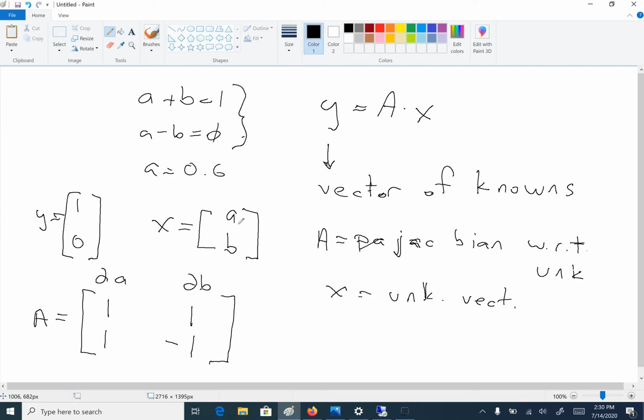So how would we solve this to find x? If y equals Ax, then we can multiply with A inverse from the left side.